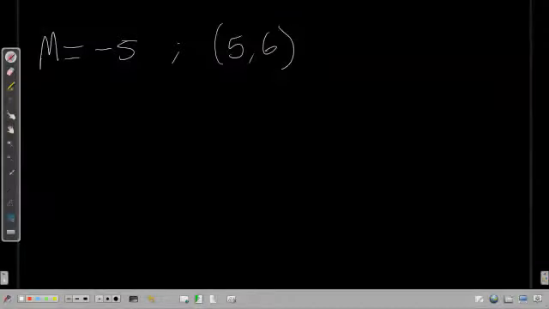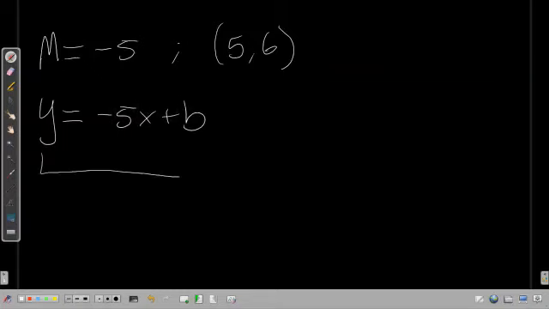But we know slope-intercept form, it's the form y = mx plus b. I've got m, so I can at least say that y is equal to -5x plus b. I know that my line has got to look like this. Gee whiz, I just wish I knew what the b was. Well, you know a point. This point is an (x, y).